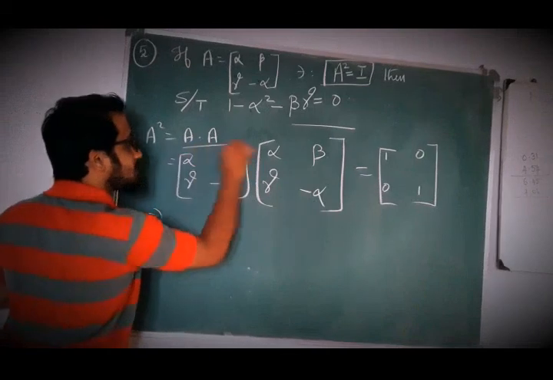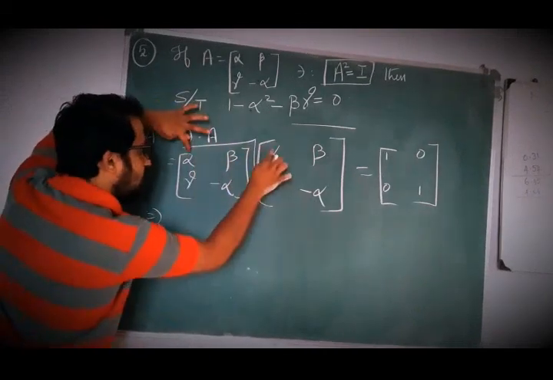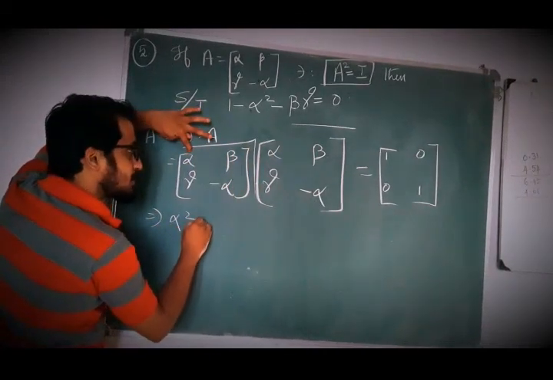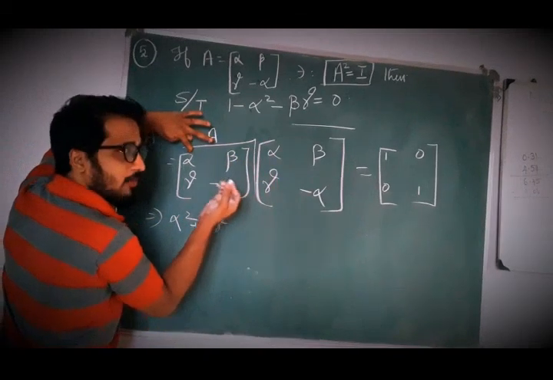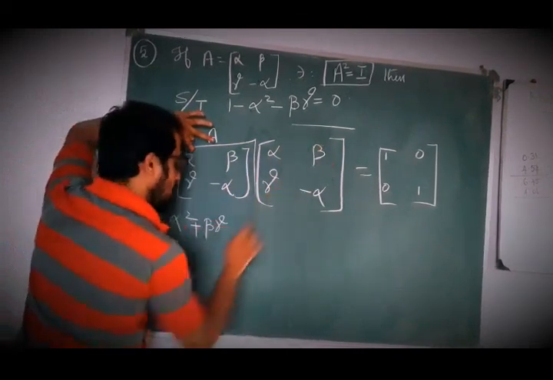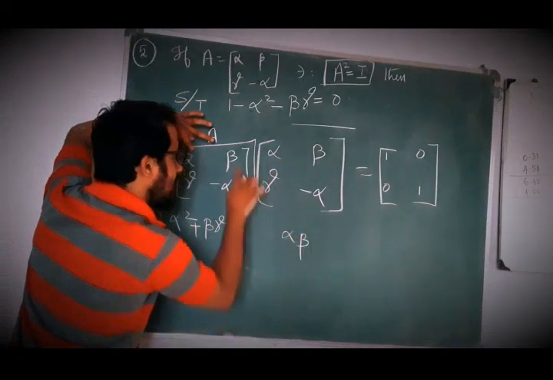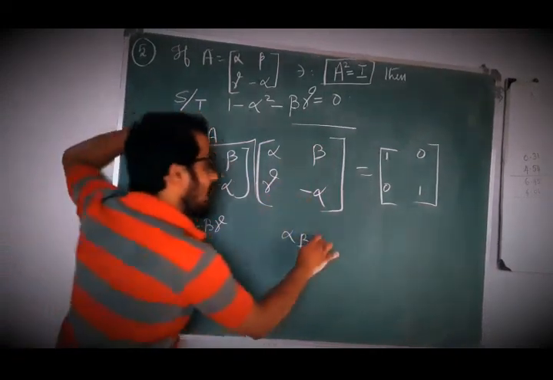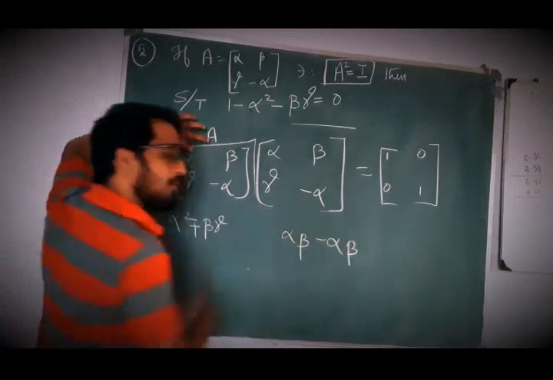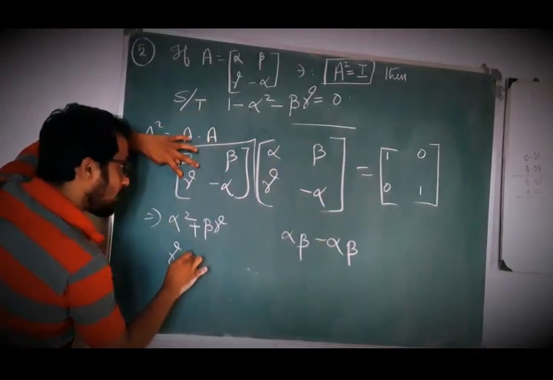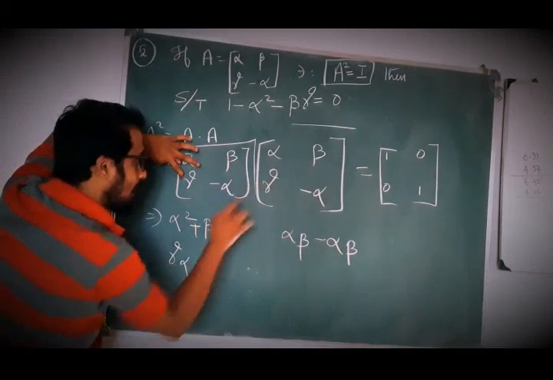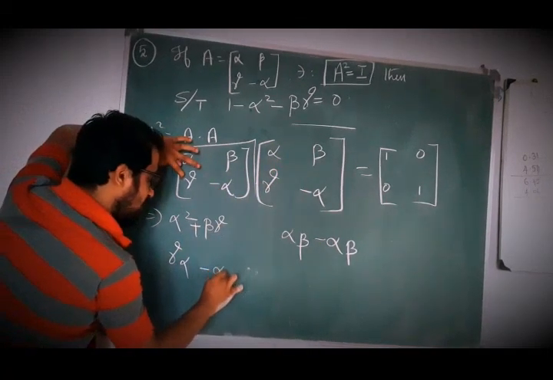Listen here, matrix multiplication, 7 shape. Alpha into alpha is alpha square plus beta into gamma, beta gamma only. We can't do anything. Now alpha into beta, alpha beta. Beta into minus alpha, minus alpha beta. Now gamma into alpha, gamma alpha. Now minus gamma into alpha, minus alpha gamma.